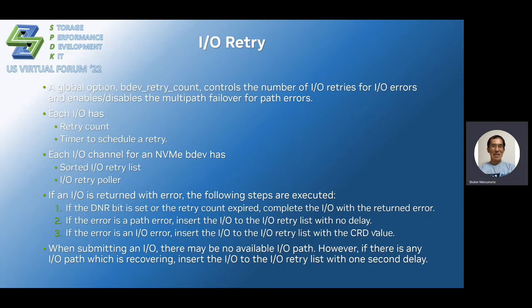To avoid such indefinite queuing, there is a per controller option, fast I/O fail timeout sec. If the controller is not recovered within fast I/O fail timeout sec seconds, I/Os are not queued but returned with an I/O error to the upper layer.